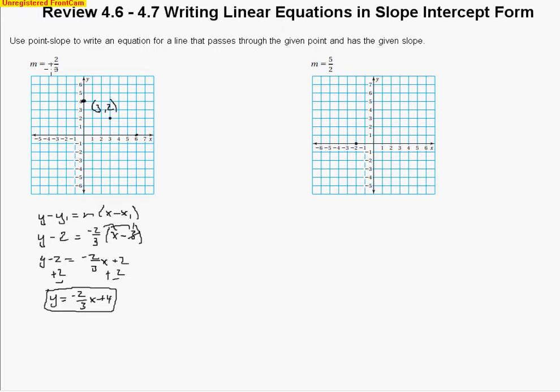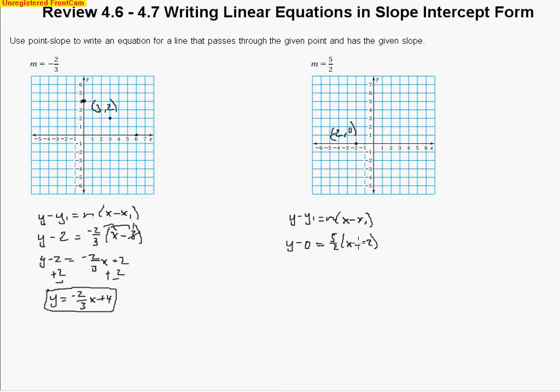Sloping the negative 2/3. So on this next one, this point is negative 2, 0. So I'm going to use that point in point slope. So y minus y1 equals m times x minus x1. So I substitute in, I've got y minus 0 equals the slope of 5/2 times x minus negative 2.